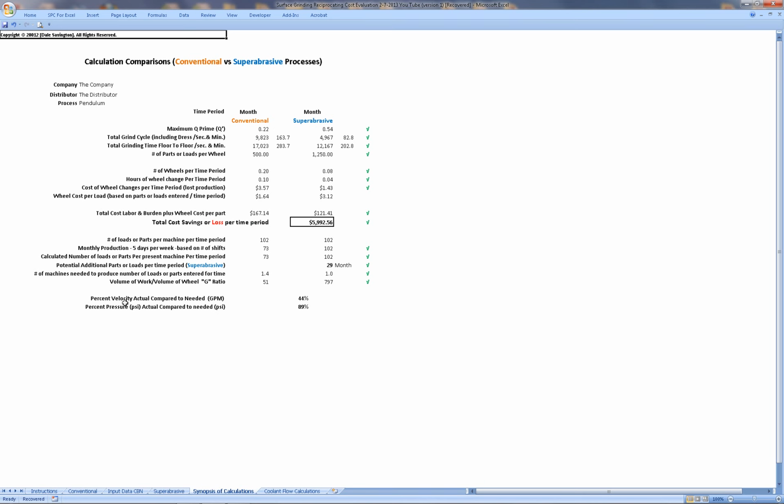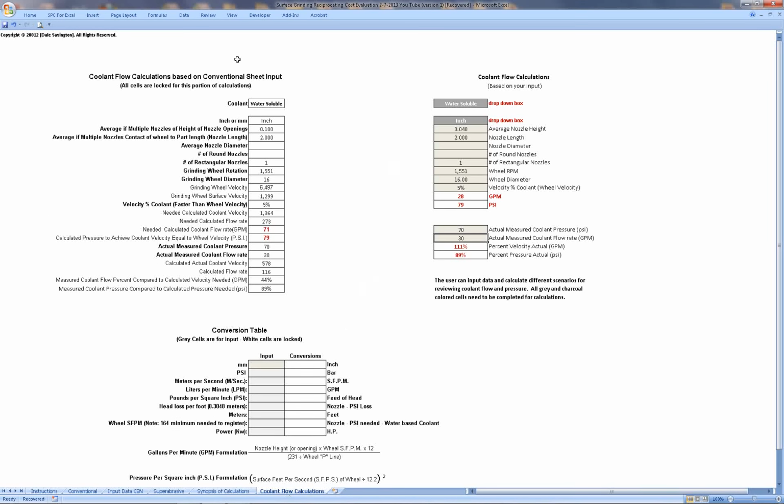And you can see that the percent actual compared to needed is 44%, and the percent pressure compared to PSI is 89%. And here's how we came up with that. If you go to the coolant flow, this section here is a log, showing you everything that you actually entered in this process. So you'll see that it was calculated we need 71 GPM and 79 PSI.